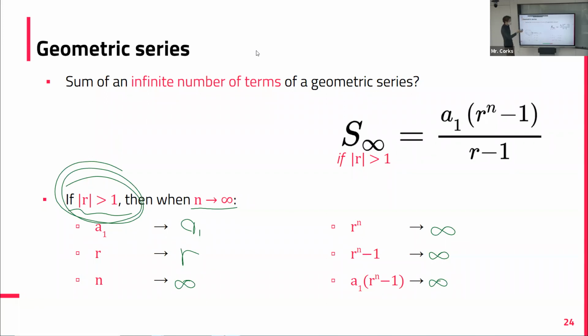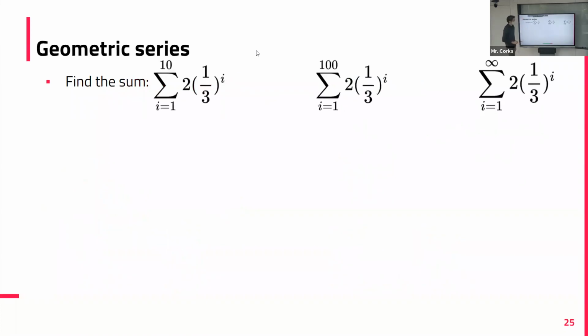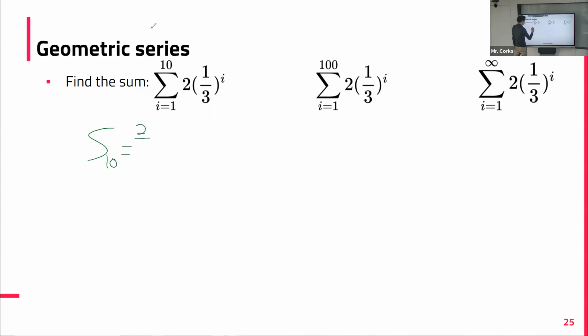All right, let's look at the opposite situation. Very similar, except now our R value is less than 1. So let's take this and simplify. For S10 here, what is our first term? 2 over 3.